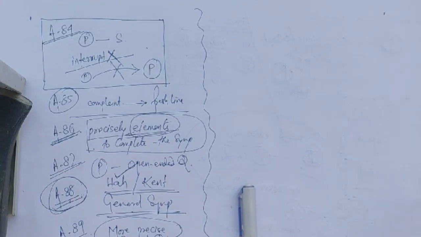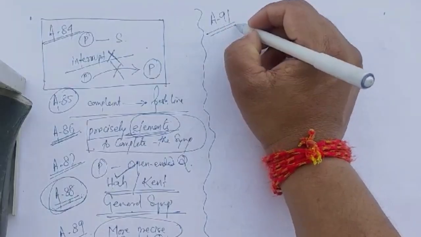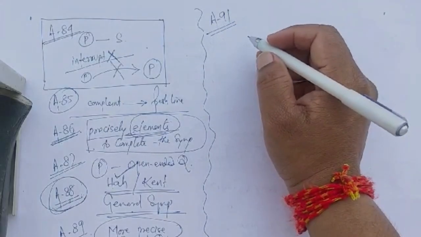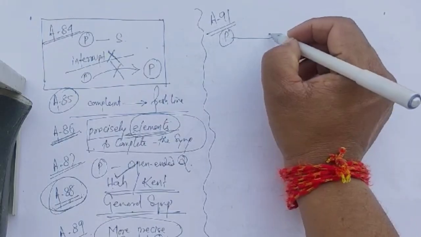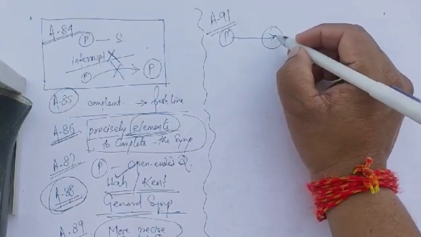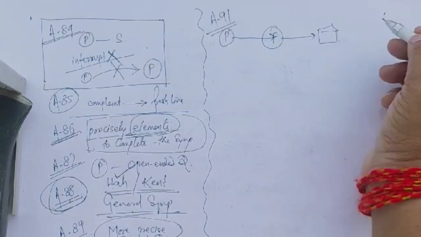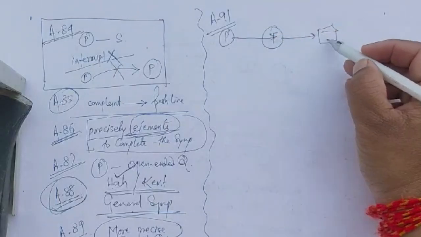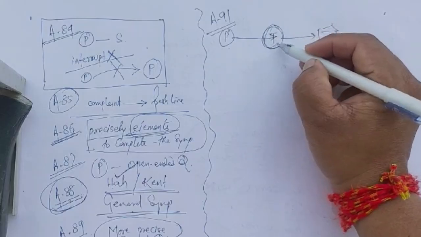Now 91, what does it say? Aphorism 91 states, when the patient has come to you, but before coming he has taken some treatment and then he has come to your chamber. Patient is coming to you, but he has taken some course of treatment.